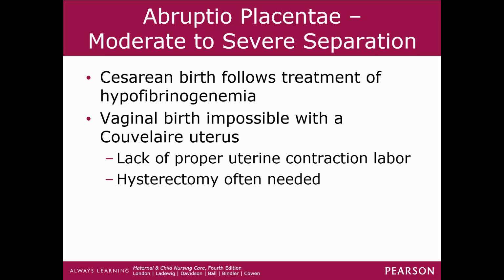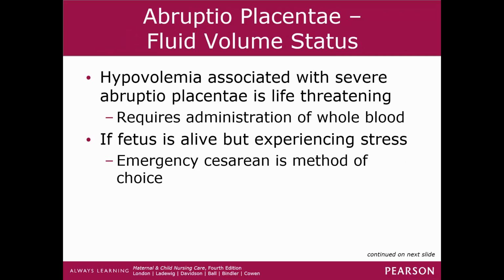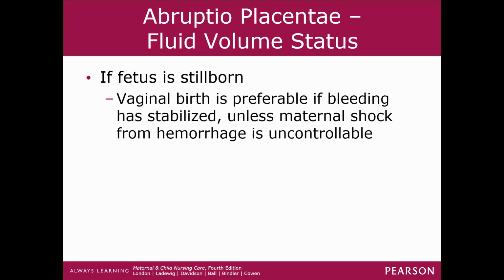Now, if there's a terrible problem with the placenta, I think we talked about accretas last week, that could possibly be an issue as well, and she may end up with a hysterectomy, which would be really, really bad. So again, fluid volume problems. So we're going to be doing blood, and we may even be doing blood on baby. Okay.